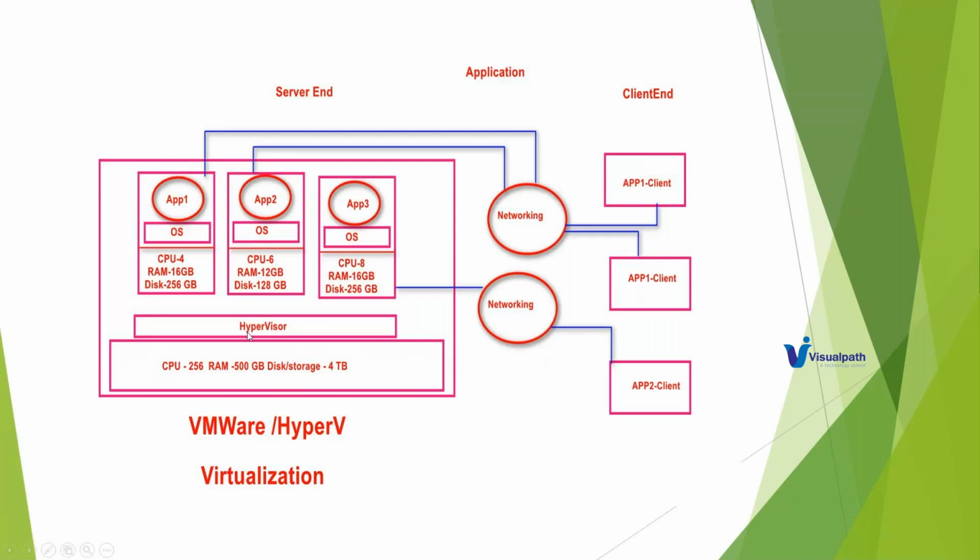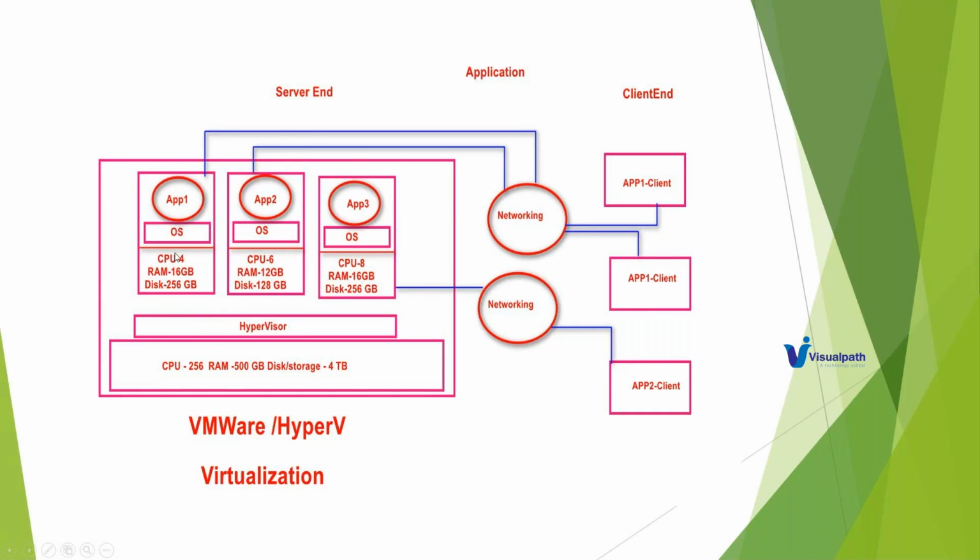Let's say we bought a big box. Now we installed the hypervisor, which is fine. On top of the hypervisor, we need to install our own virtual machines. You can see this is my server one, this is my server two, and this is my server three. We are calling it a virtual machine. Why? Because these servers are not physical. They are installed on top of this. So what happened?